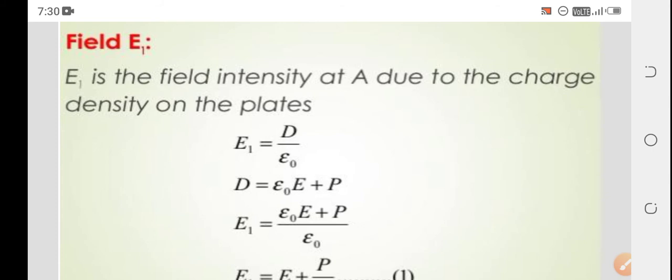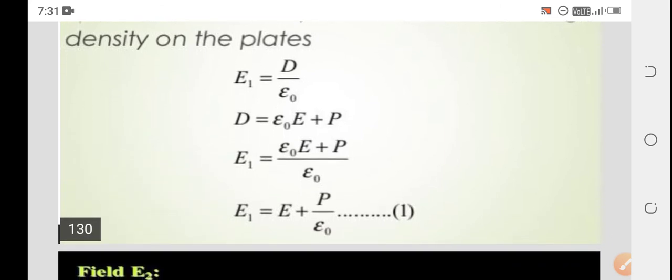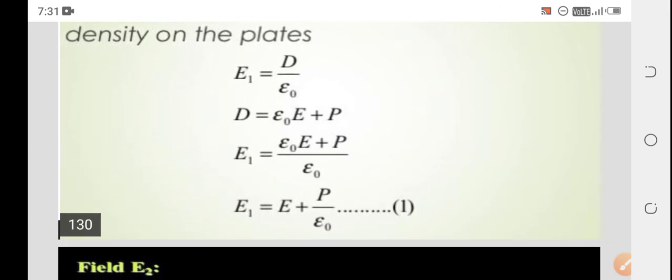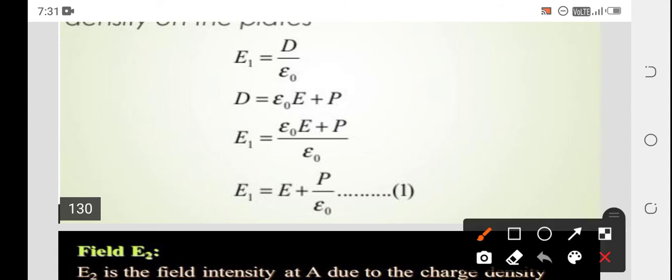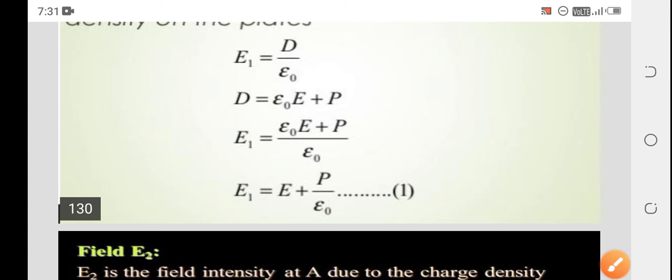E1 is considered as D by epsilon naught, where D is epsilon naught E plus P. So E1 equals E plus P by epsilon naught. This is considered as equation 1.